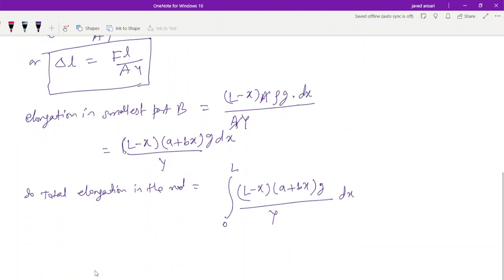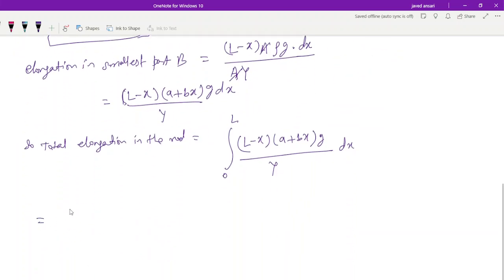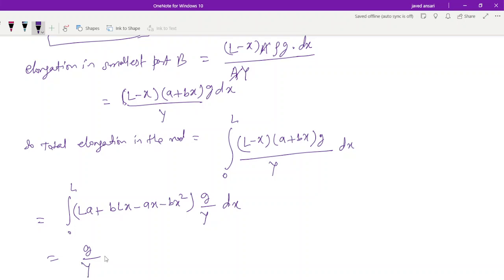Now this is just plain mathematics. You can solve it. It will become LA plus BLx minus Ax minus Bx square, into G by Y dx, 0 to L. G by y we will take out common.